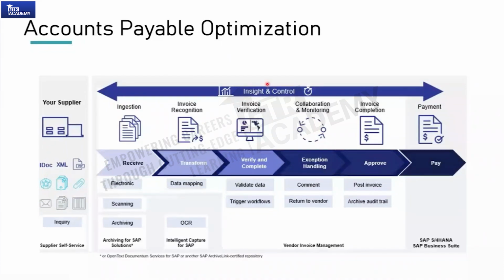There are multiple things here. It gives basic data verification, and there is data you need to verify against the SAP system, like master data or transactional data, and you can raise exceptions. The collaboration and invoice posting, all these three can be taken care of by your VIM solution, and the payment will happen after the VIM solution ends.